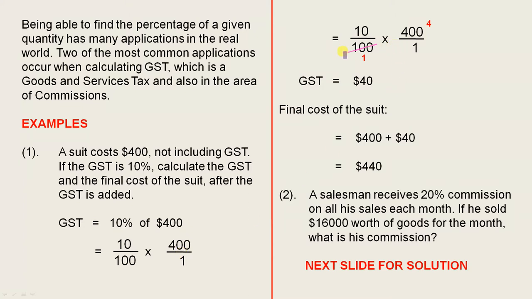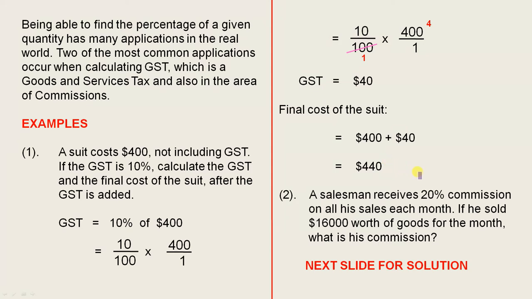So to do the cancelling, 100 into 100 goes once, 100 into 400 goes 4 times, 4 tens are 40. So the GST, that's the goods and services tax, is $40.